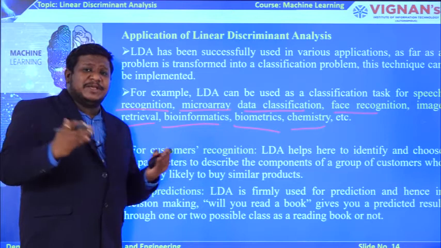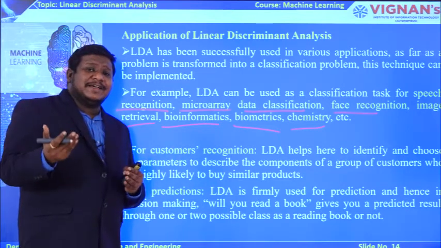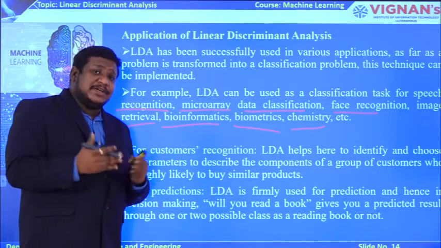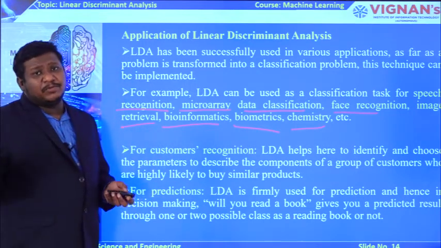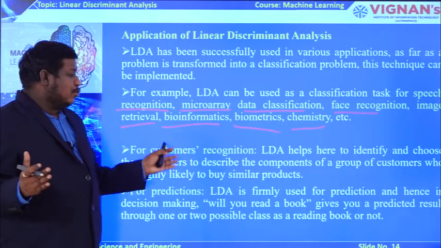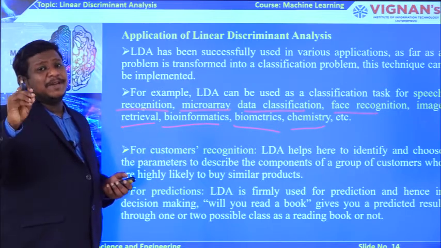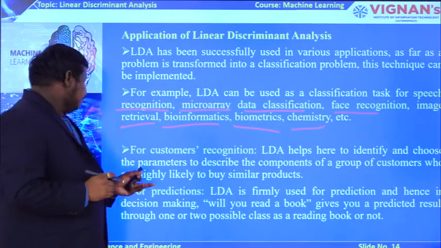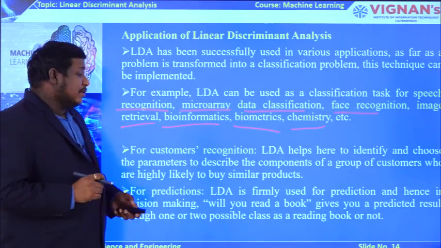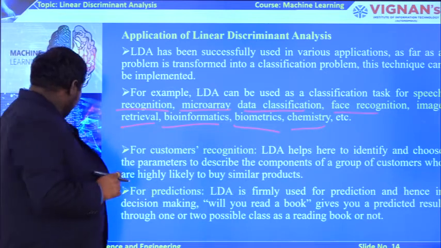Whenever a new person comes, based on his interests or taste, LDA is going to place him in a particular group, such that the machine suggests that this person is going to purchase these sorts of items. That is what it displays. For predictions, you can use it similarly.